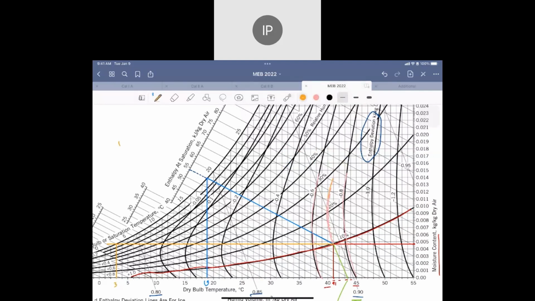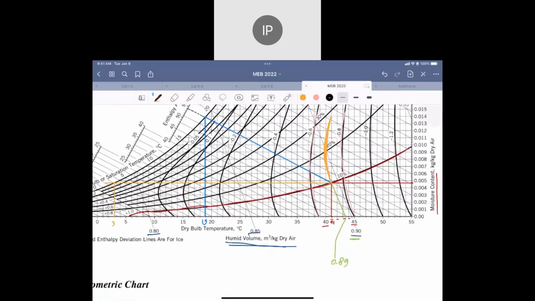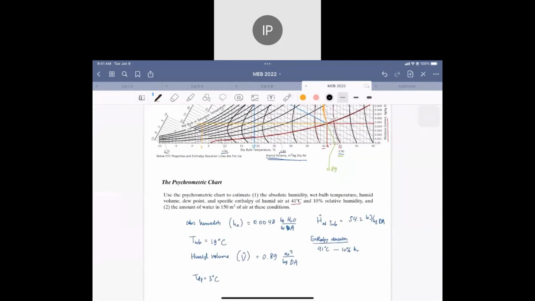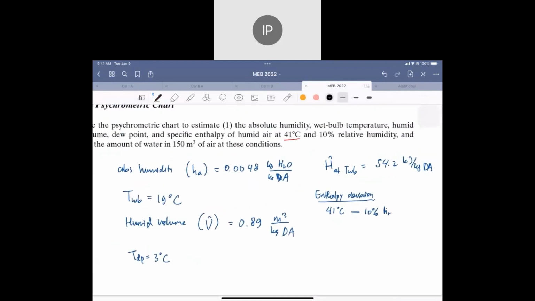Let me do this through yellow. Okay, so from there, we could simplify. The deviation will be around negative 0.7. So the enthalpy will be 54.2 minus this deviation, which is 53.5.